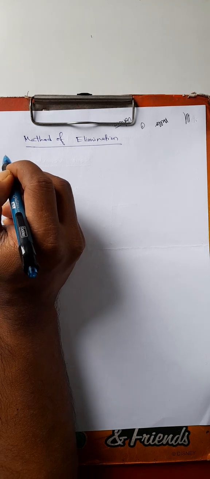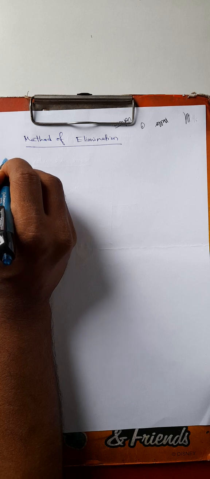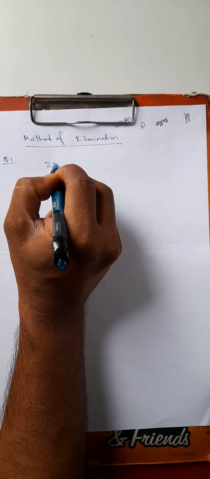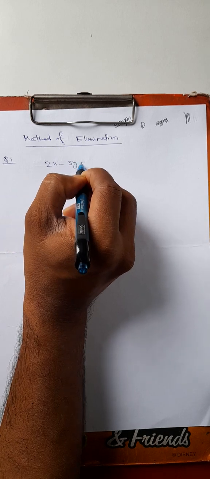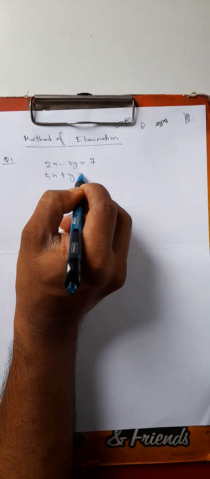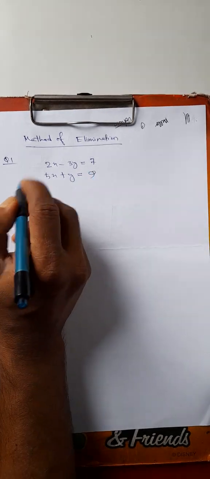So let's start with one example. Say for example, question 1, you are given that twice x minus 3y equal to 7, 5x plus y equal to 9. Solve this, right?